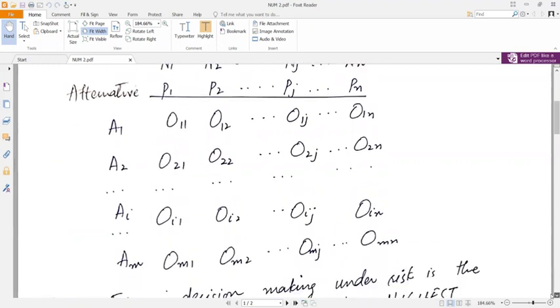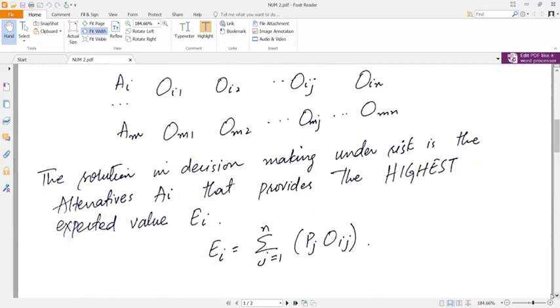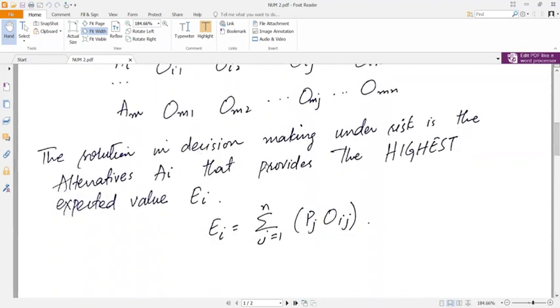So this is the basic we have to see, and the solution in decision making under risk is the alternative, represented with Ai, that provides the highest expected value. So for the expected value, you have this formula.